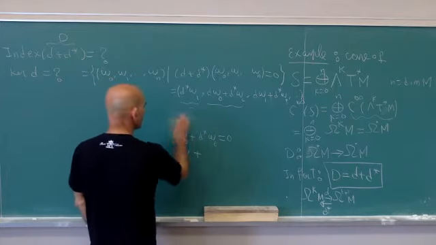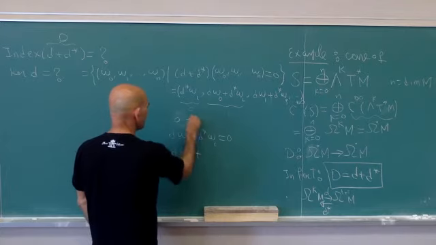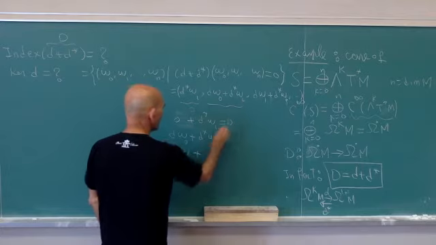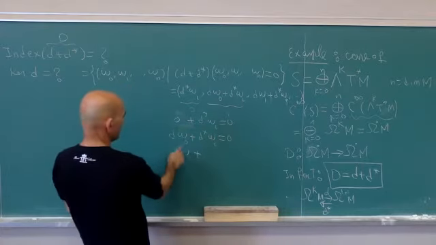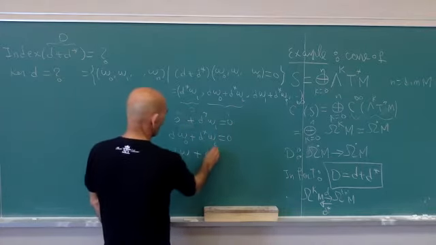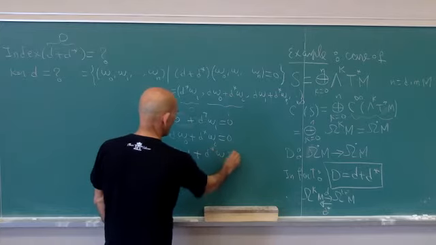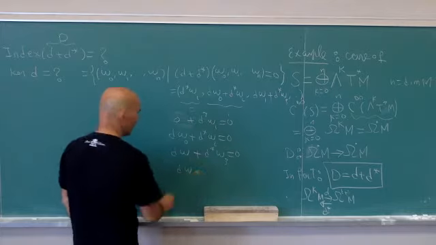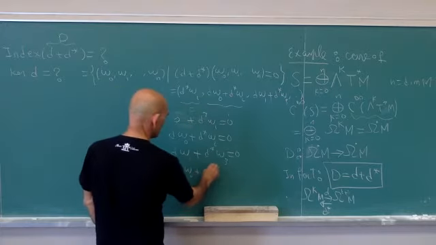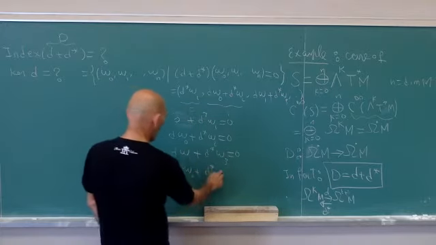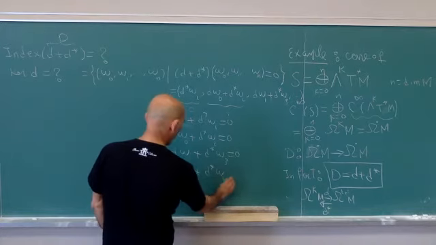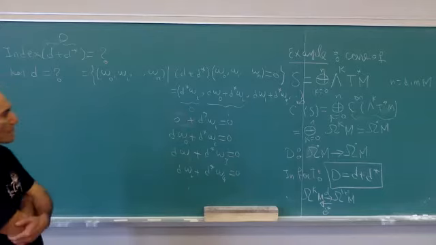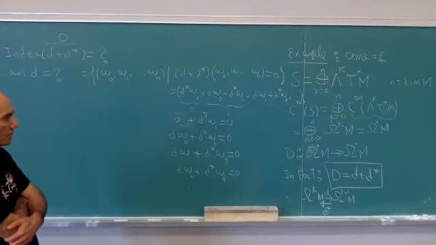This is 0 plus d star of omega 1 equal to 0. Then there is d of omega 1 plus d star of omega 3 equal to 0. Here is d of omega 2 plus d star of omega 4 equal to 0, and so on.